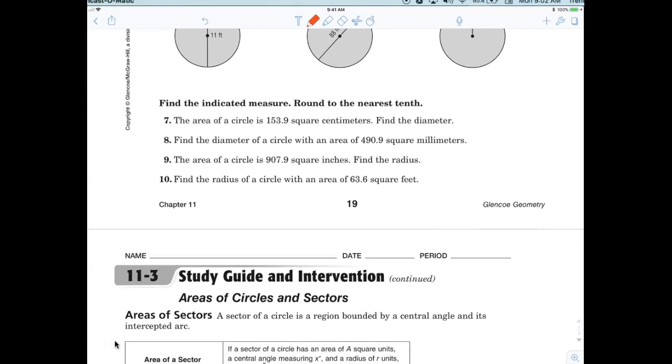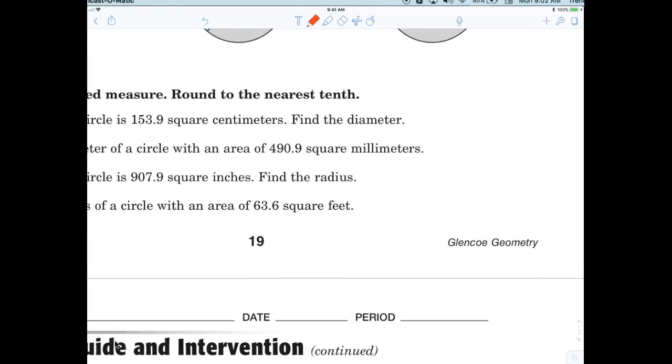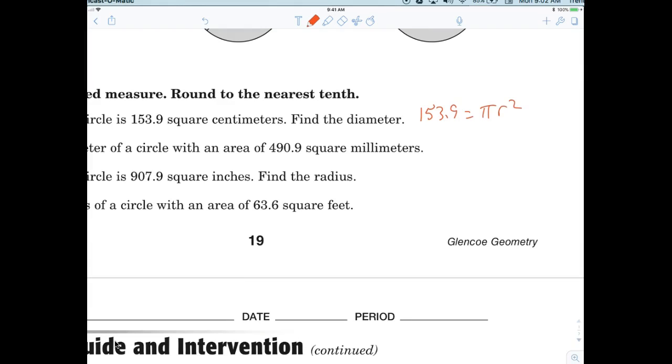So, number 7. Here we go. It says the area is 153.9 square centimeters. So, if you have the area and you need to figure out what the diameter is, of course, 153.9 is equal to pi r squared. So, first thing you do is divide by pi.